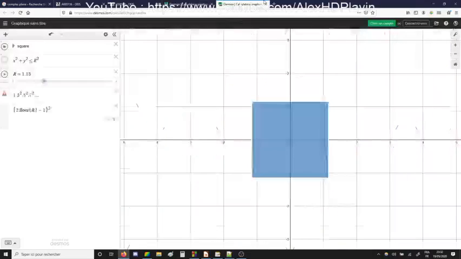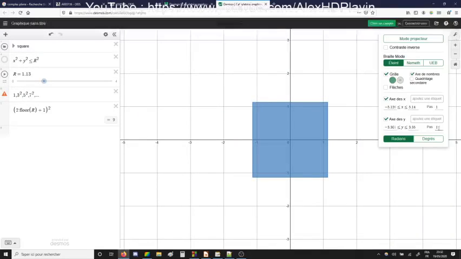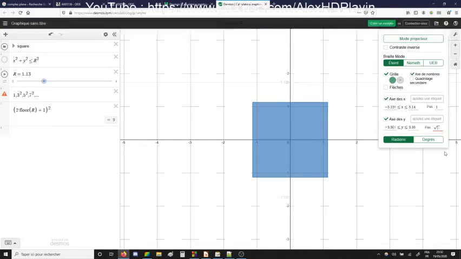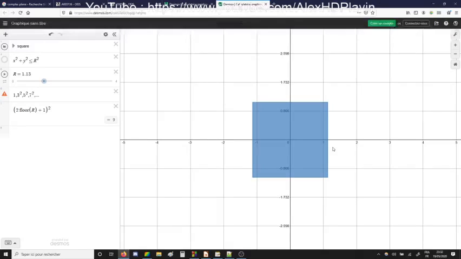So yeah, it's a bit squished. It's going to look a little bit like that instead. But also it's going to be a bit tilted.